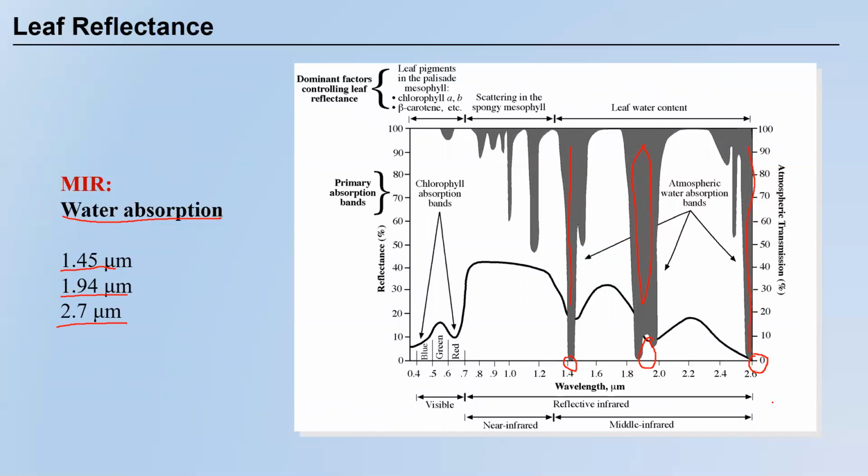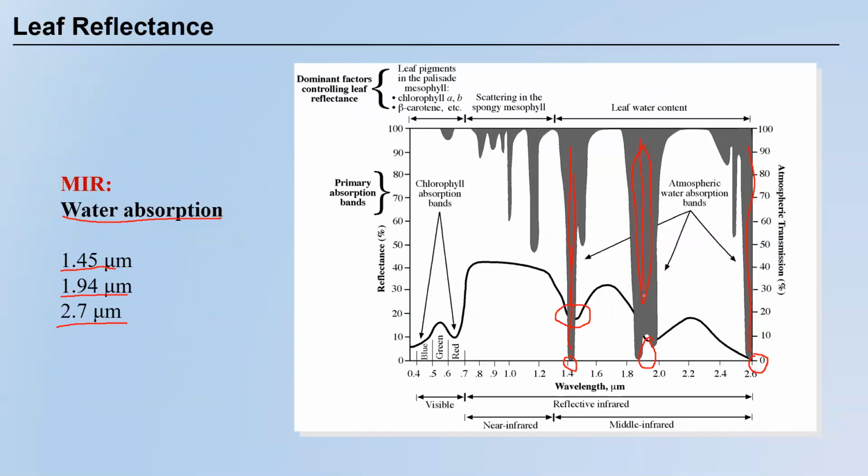So within the mid-infrared band, water is the dominant factor that seriously affects the absorption or reflectance characteristics of leaves. Wherever there is strong absorption from water, the reflectance is low.